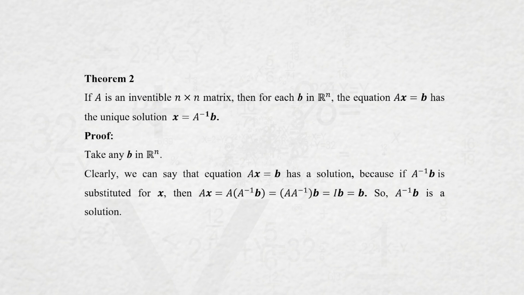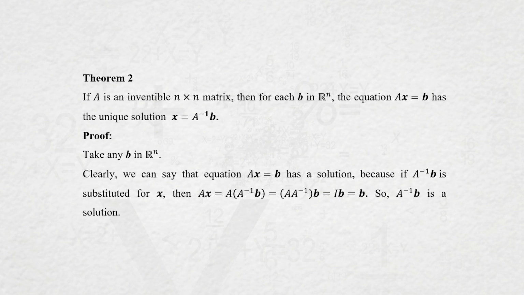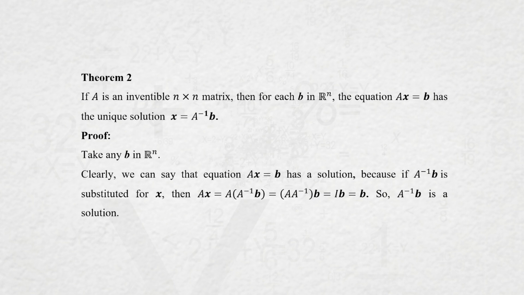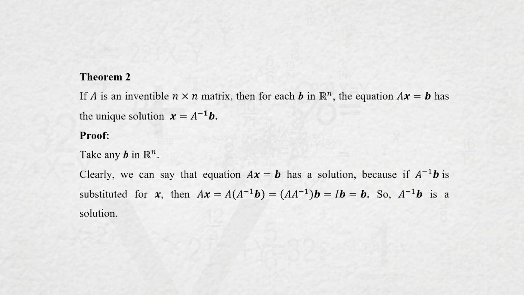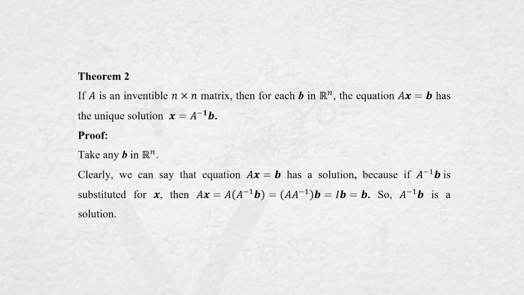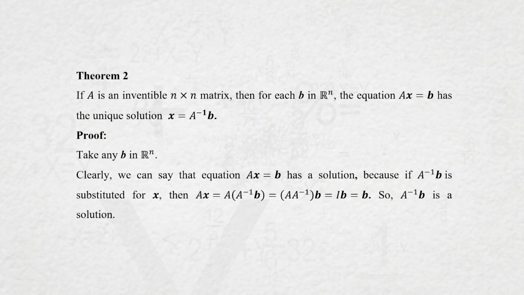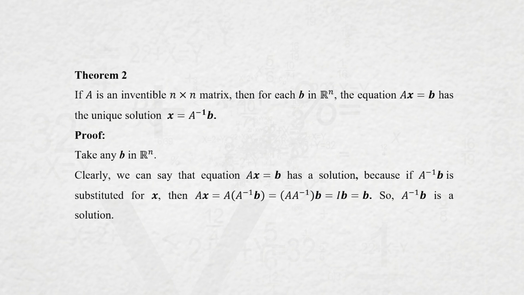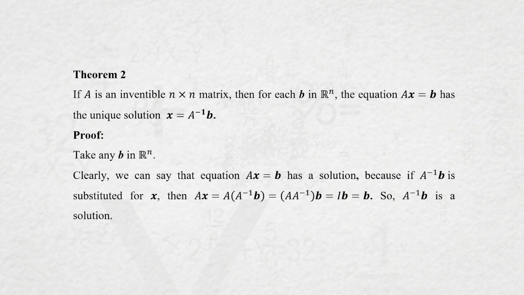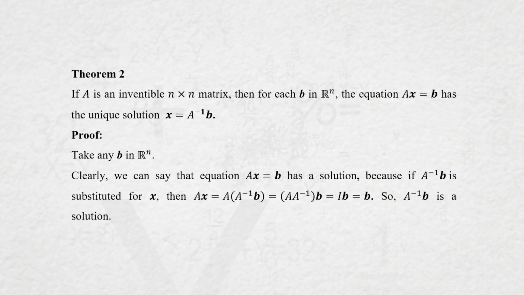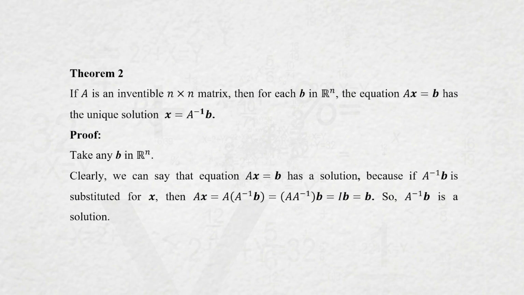Theorem 2: if A is an invertible n cross n matrix, then for each B in R power n, the equation Ax is equal to B has the unique solution x is equal to A inverse B. The proof: take any B in R power n.